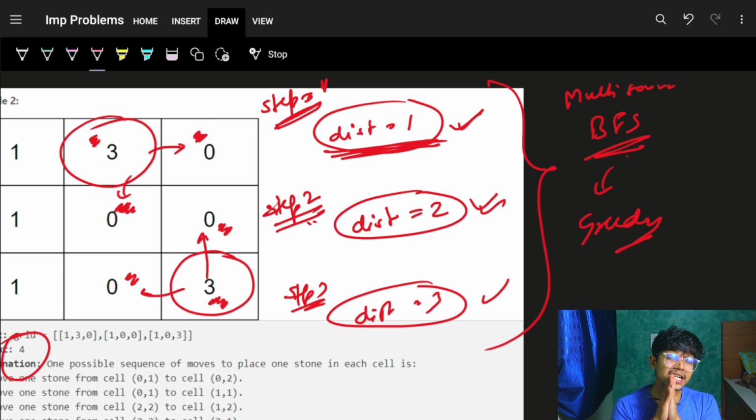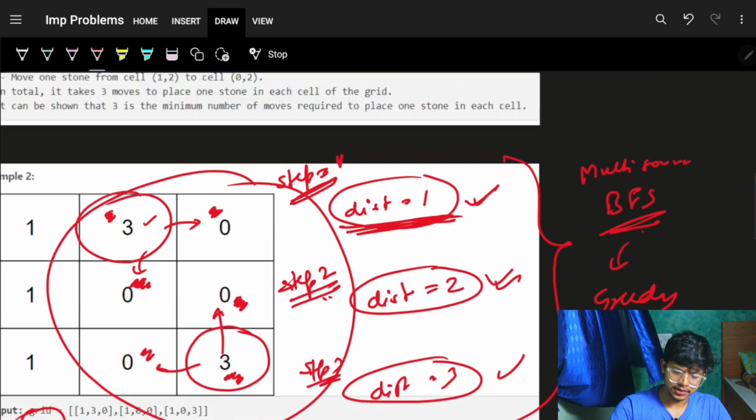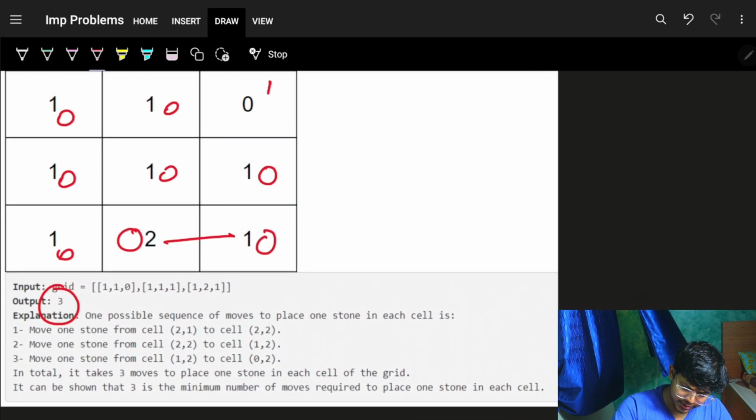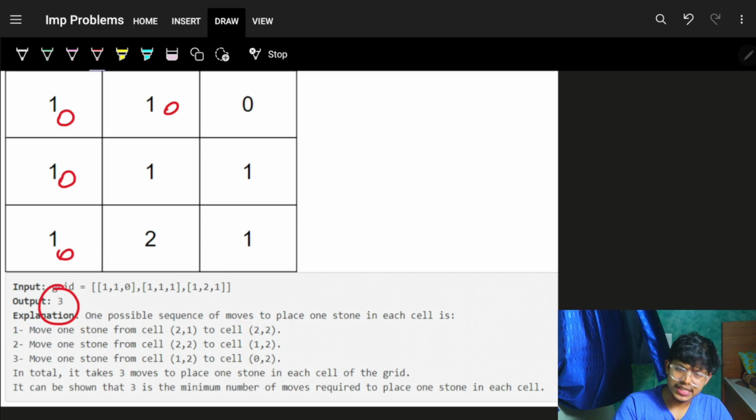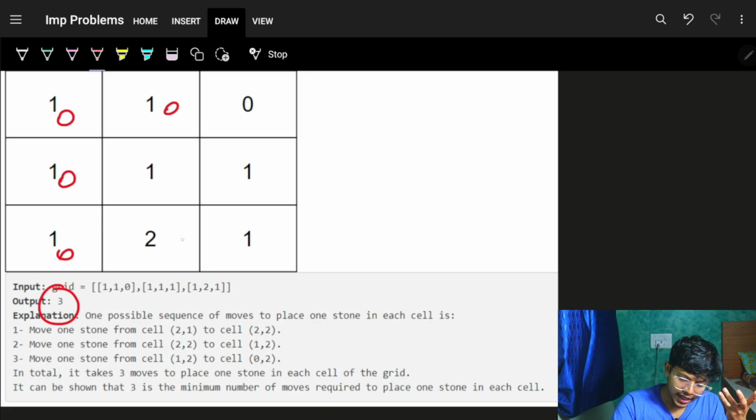But we can apply greedy only when it is not dependent on any other stone, which means if I am placing a stone here, was it dependent upon whether I am using the stone 3 or not? No, right? But that was this example. If we go back to this particular example, you can easily see that it will simply go on and try to reach this location.